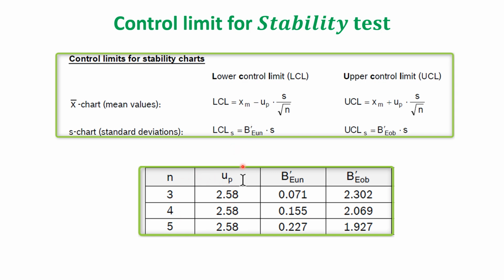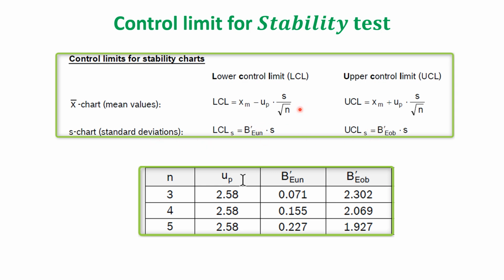This constant you have to take from this table. Here you can see this A for the X chart, and for the standard deviation chart or range chart, this B. This is for the lower control limit and this is for the upper control limit for the standard deviation.